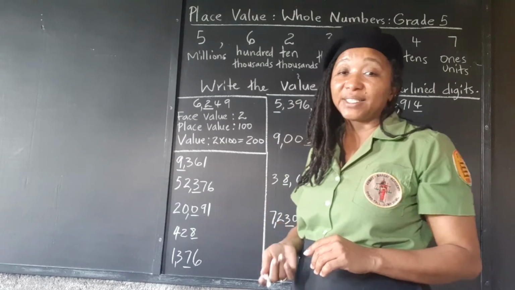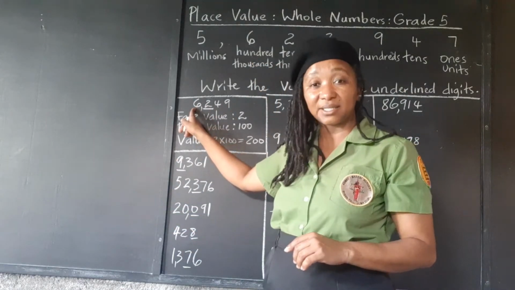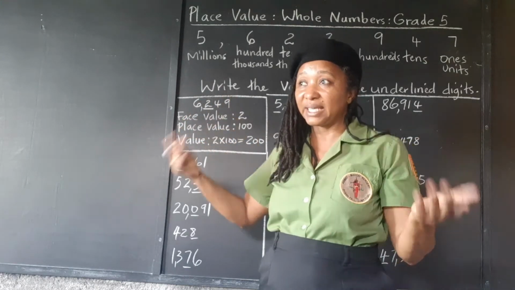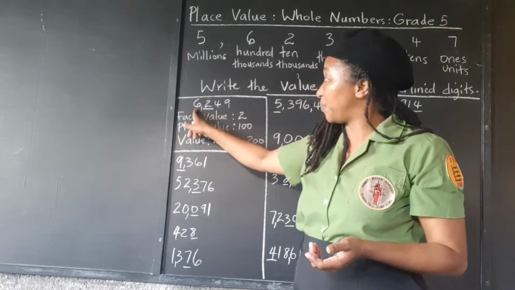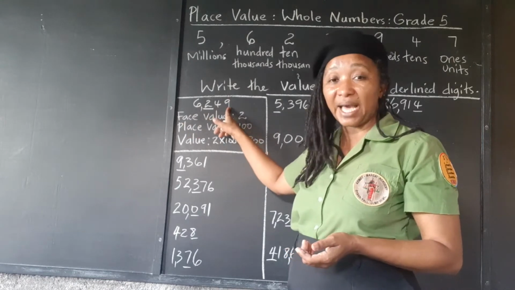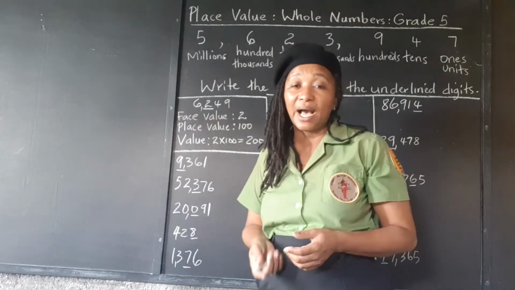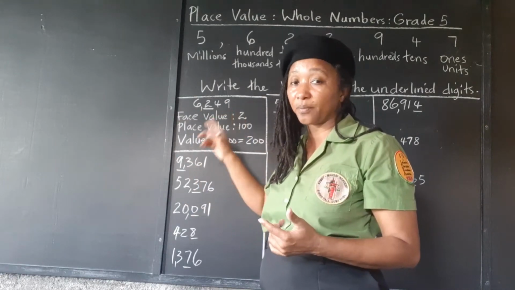The digit that has the highest value in this number is the 6. Even though it's a lesser face value than the 9. 6 is generally less than 9. But in this number, this represents 6,000. And this represents 9 ones. So the digit 6 has a bigger value in this number than the 9.